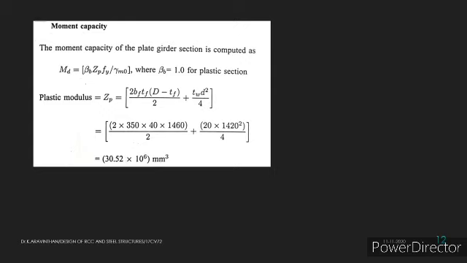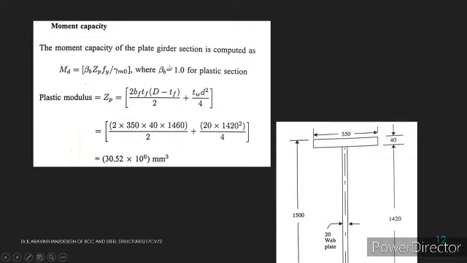The guideline says that MD, that is design moment carrying capacity. We already know that the moment which is acting by the load is 4000 kilonewton meter. Let us check the moment carrying capacity of the section we have designed. So the formula is given in the code book.